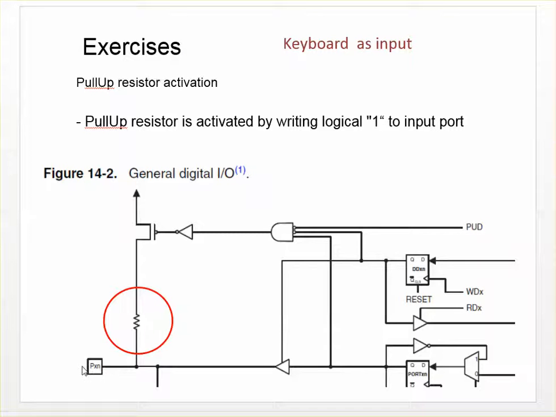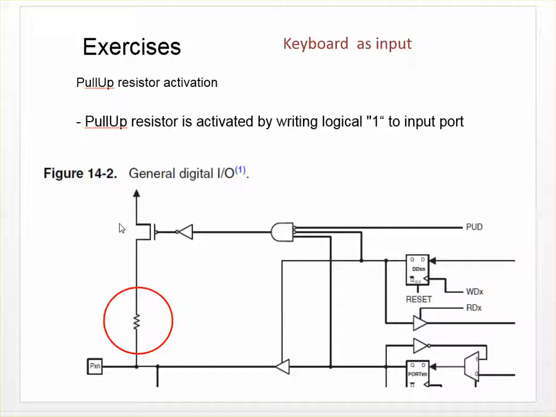And if some external device is grounding this pin, then of course the status is 0. But as this is a very weak resistor, there won't be any short circuit or too high currents even when the pin is grounded. And when there is no connection, the pin is in a defined state, which is logical 1.